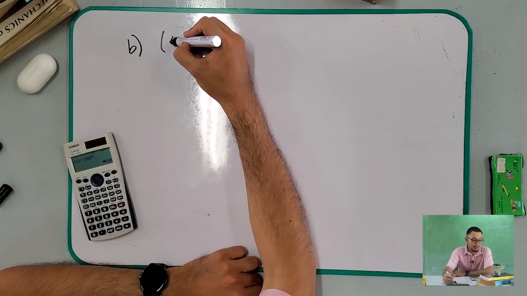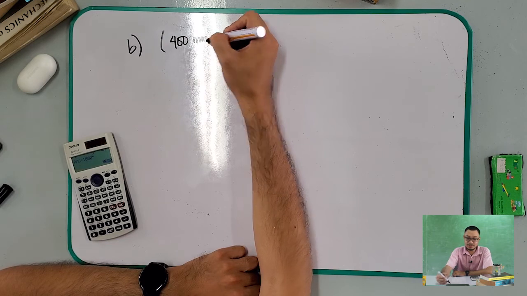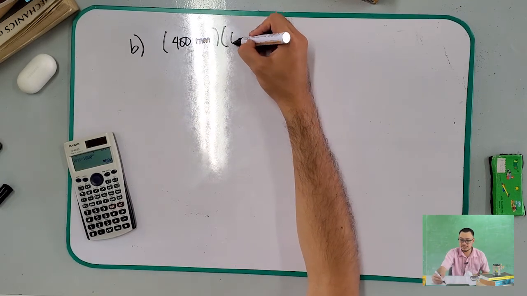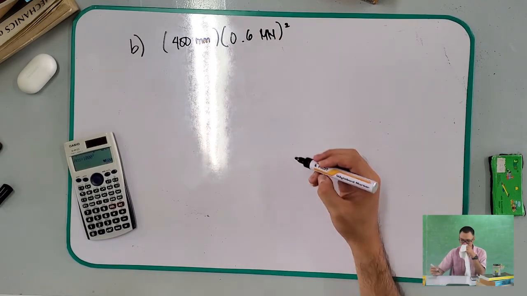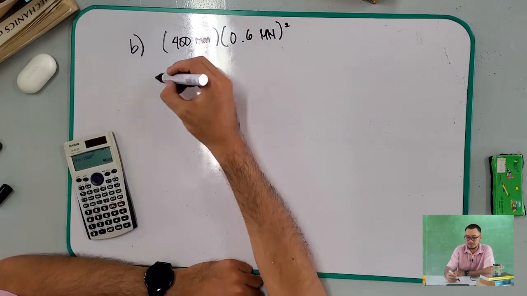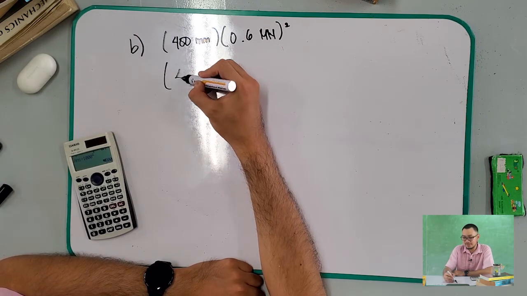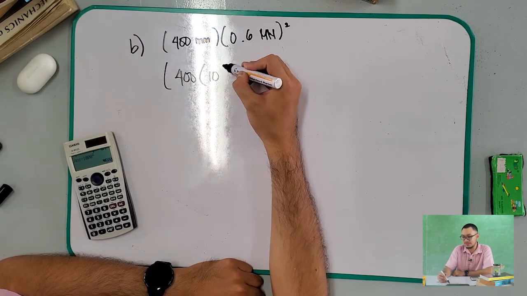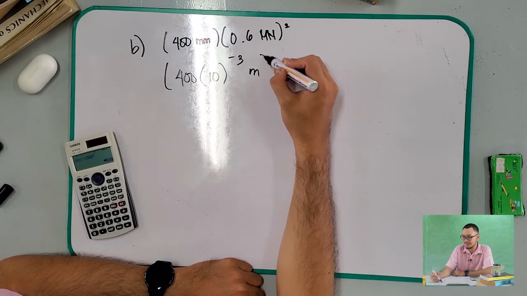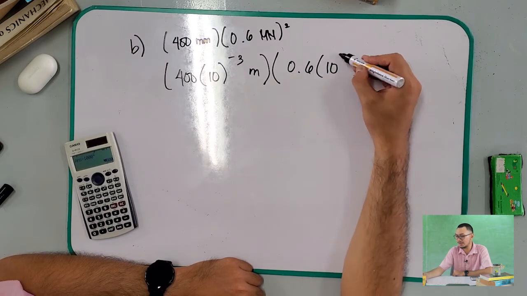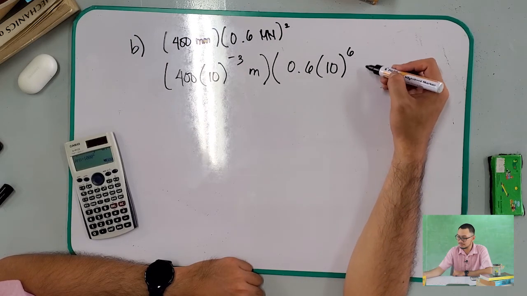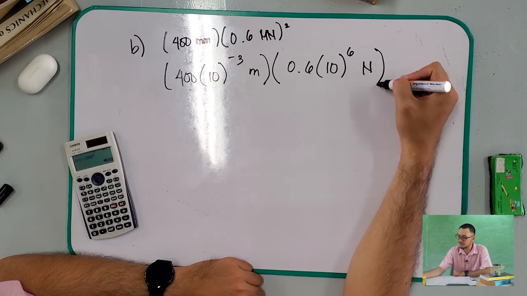Okay? For B, multiply 400 millimeter times 0.6 mega newtons squared. Okay. So, what do we convert? 400 times 10 to the power of negative 3 meters times 0.6 times 10 to the power of 6 newtons squared.